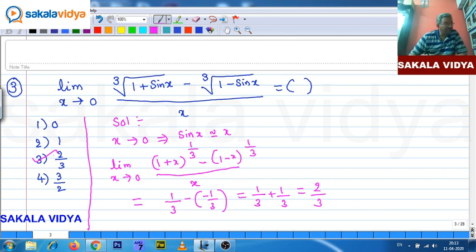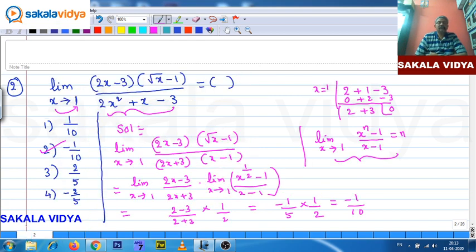Lengthy. Sir, in the previous sum 3 minus 3 is equal to 0 is wrong. Where? Previous sum. Where 3 minus 3 is 0?